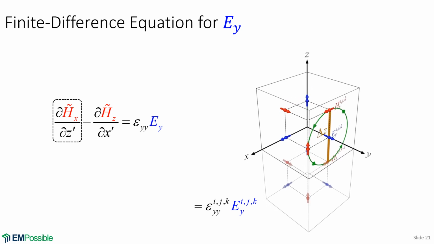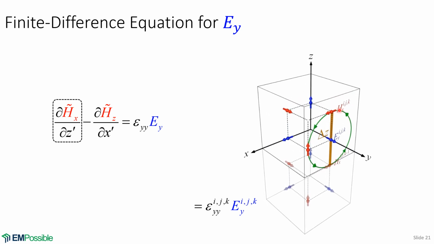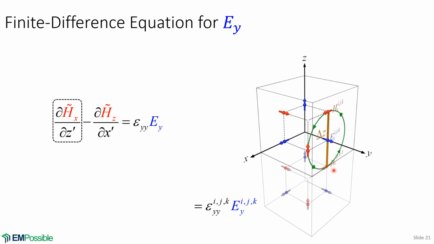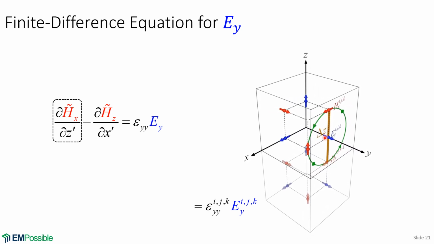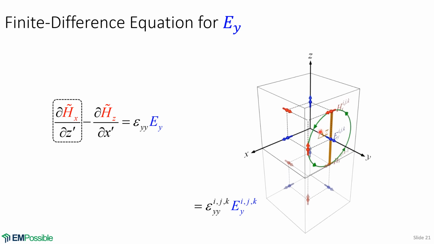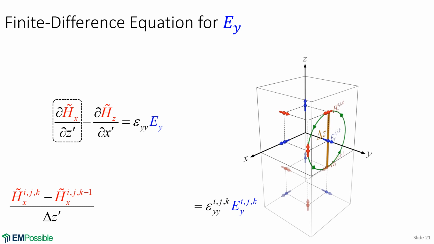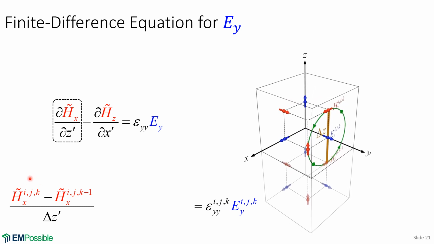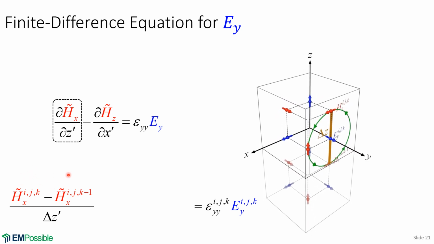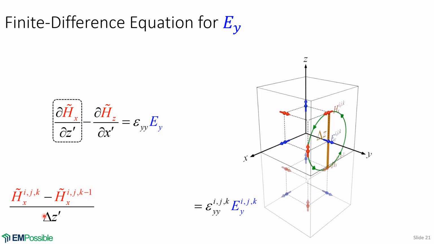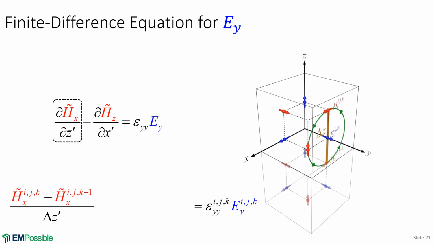So our finite difference would be hx from the same cell minus hx from the previous cell in the z direction divided by the spacing between those 2 points, delta z. So this is how we write the finite difference: hx from the same cell minus hx from the previous cell in the z direction divided by the cell height, delta z.